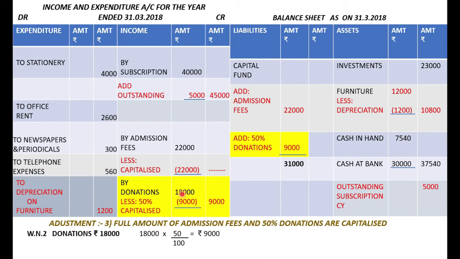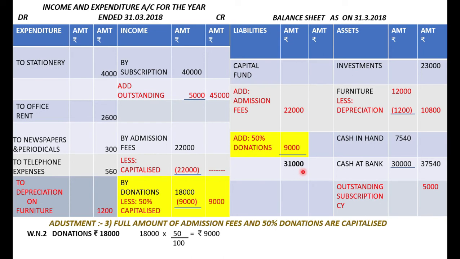Second effect of this 9,000 will be given in the liability side of the balance sheet. To the capital fund, we will add 50% donations, 9,000. Our capital fund total we will get here in the inner column 31,000.